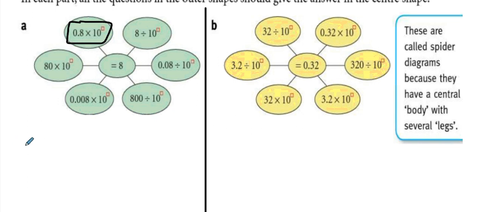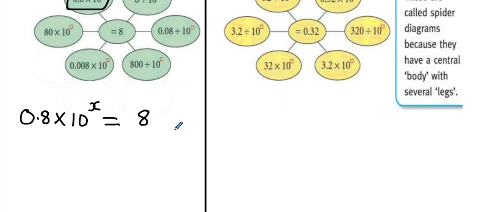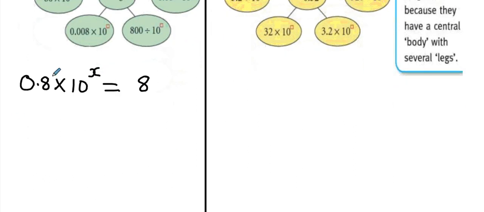What we do, we take 0.8 times 10 to a certain power, call it x. The answer should be equal to 8. So what do we do? Since this is multiplication, we do the opposite of multiplication, which is to divide by 0.8 on both sides. You see that?